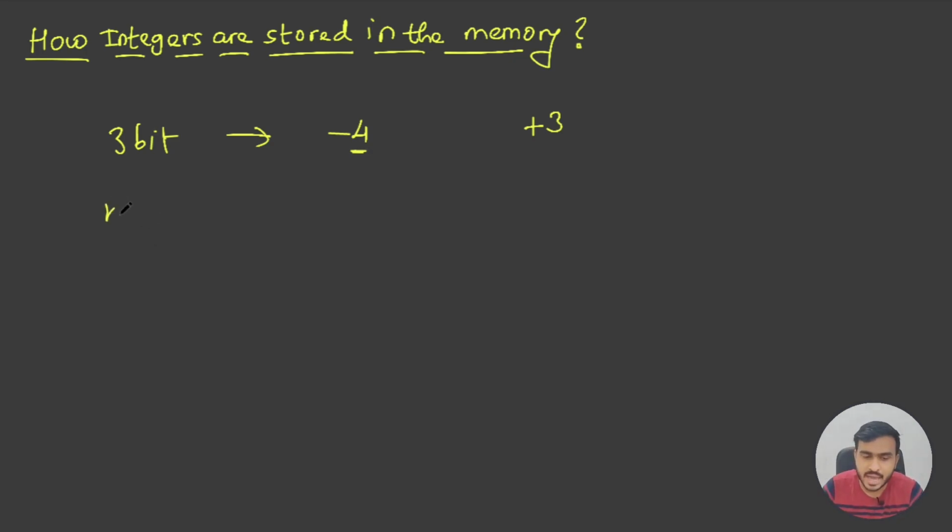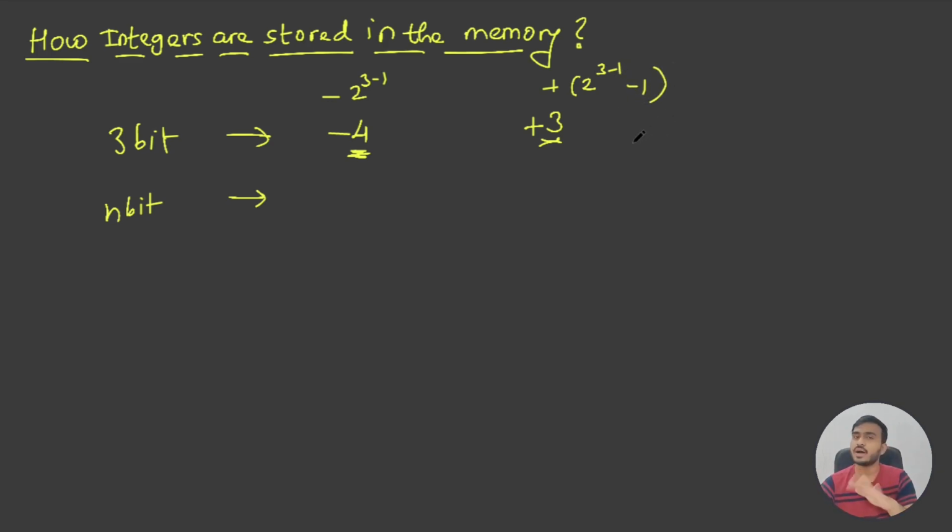Let's say we have an n-bit variable, so let me convert it into a generic formula. I'll write this -4 as -2^(3-1), and I'll write this +3 as +2^(3-1) - 1.